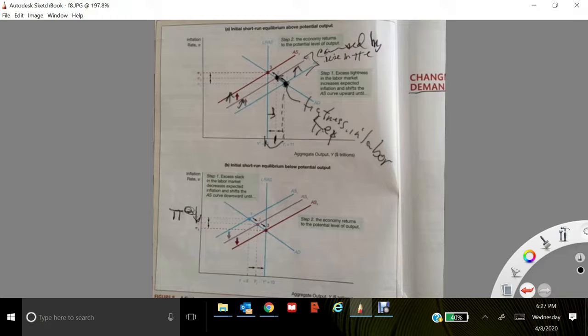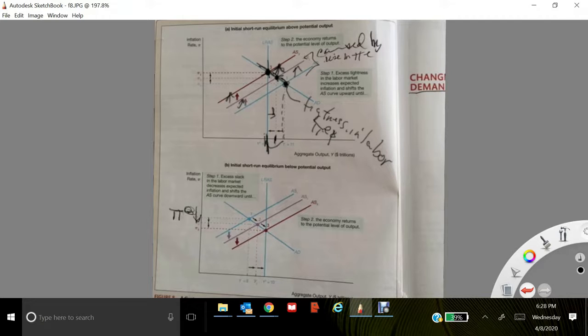still more tightness in the labor market would still be prevalent and cause more expected inflation, resulting in a further shift up in the short-run aggregate supply curve until we reach a point where we have an equilibrium in the demand and short-run supply curve, where we're now at the full potential output level, and so there would be no tendency now for either curve to shift.